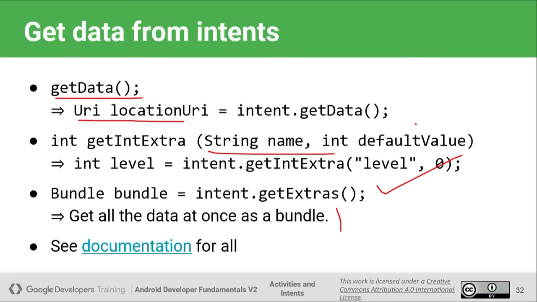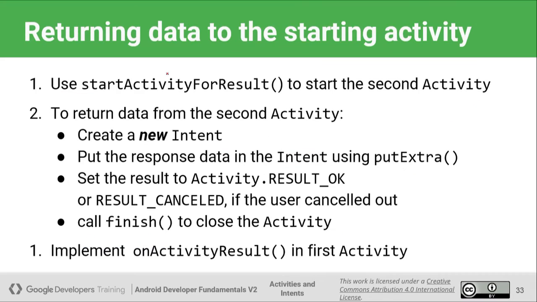So you can also go to their documentation and see how these mechanisms work of getting data and returning data to the starting activity. Let's suppose we have this function, startActivityForResult, to start the second activity. To return data from the second activity, first of all we will create a new intent, and then we will put some response data in the intent using the putExtras method, and then set the result, Activity.RESULT_OK.